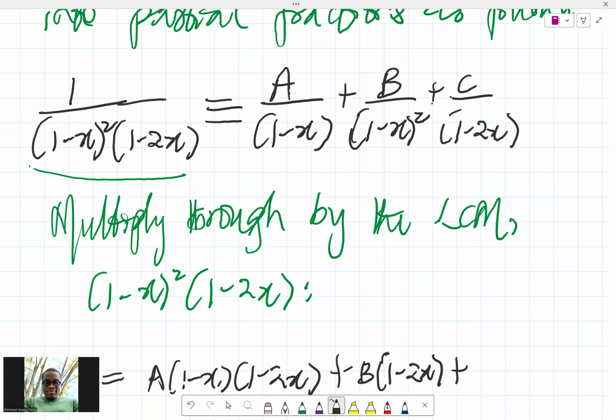For C, 1 minus 2x cancels, so we have C into (1 minus x) all squared.